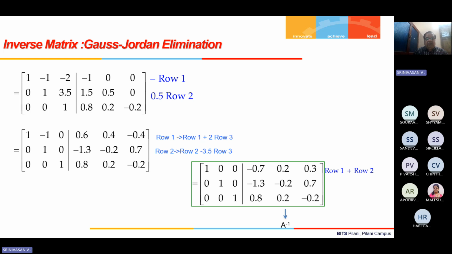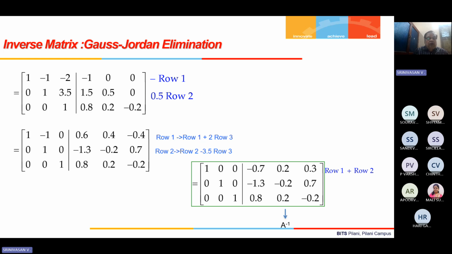So here, next is 0 plus 2 into 0.2, so you get 0.4. 0 minus 2 into 0.2, 2 into minus 0.2, so you get minus 0.4. Similarly, in order to make this second row, third column element also 0, keeping R3 fixed, you have to do for R2 on R3.